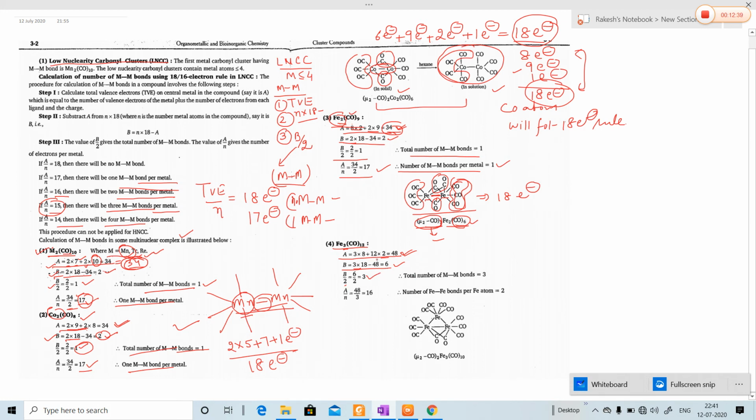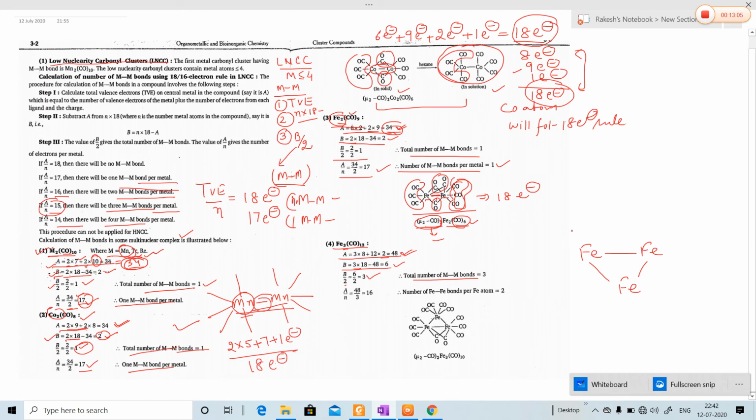It means in this molecule we have 3 metal-metal bonds. So there are 3 metal atoms present in a triangular position. So there are 3 metal-metal bonds.